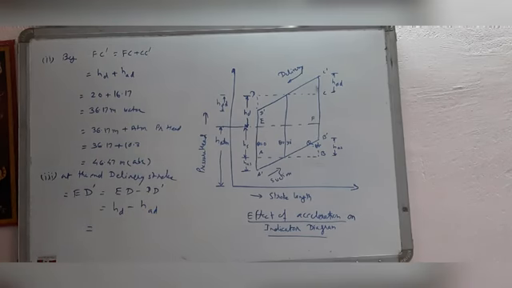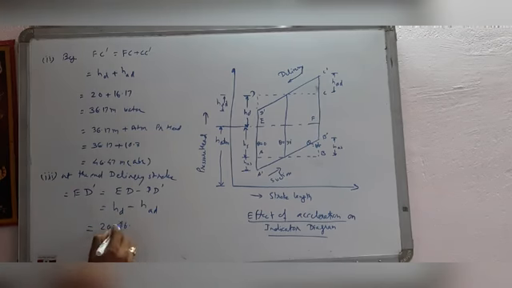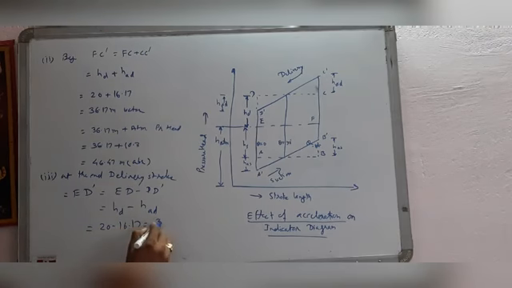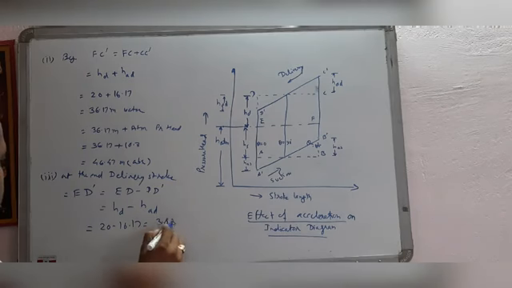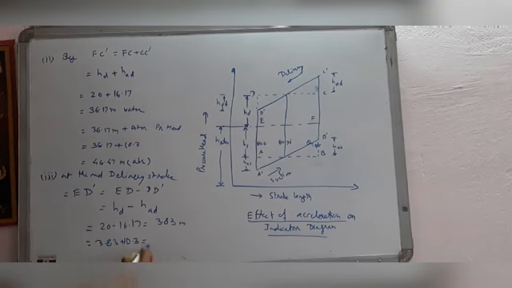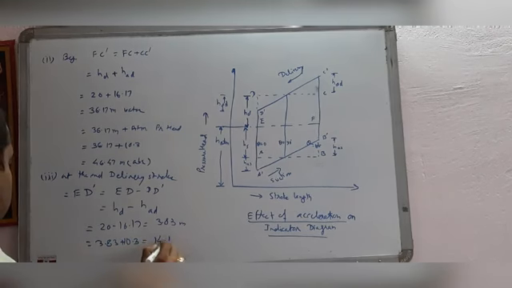So putting the values here, this is 20 minus 16.17 equal to 3.83 meter of water above atmosphere, that is equal to 3.83 plus 10.3 equal to 14.13 meter.